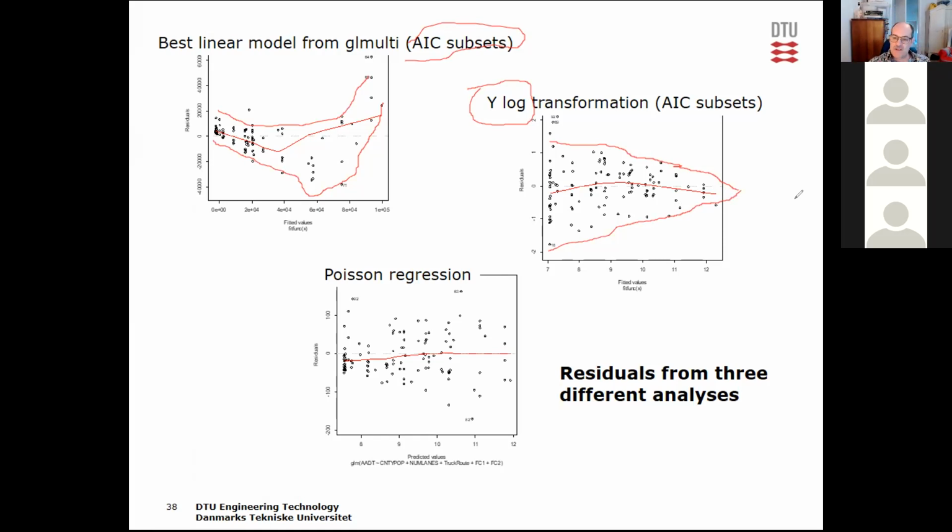And then I do the Poisson regression, and I look at the residual plot for that. You have to be careful about this because the residual plot from a Poisson regression is not exactly the same information as the residual plot from these other two guys, but there are some comparable things here. We have a little bit of a bump down here, but it's still pretty good.